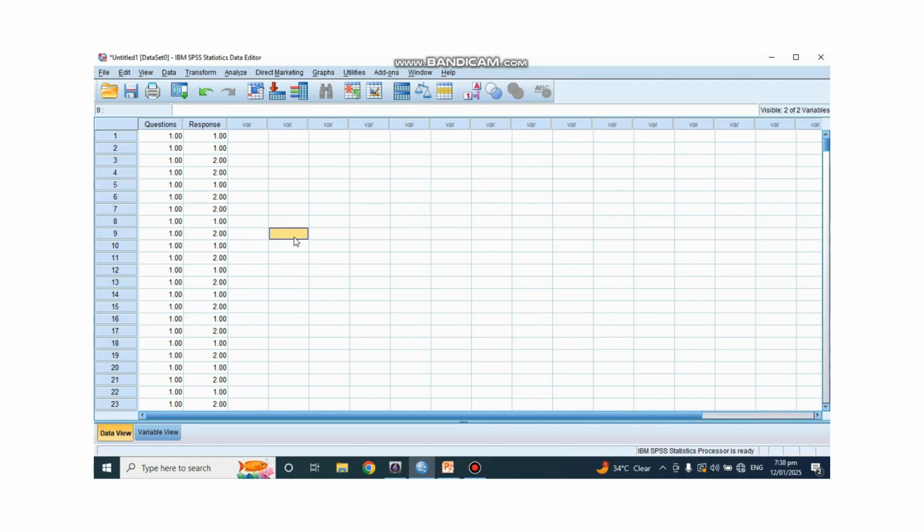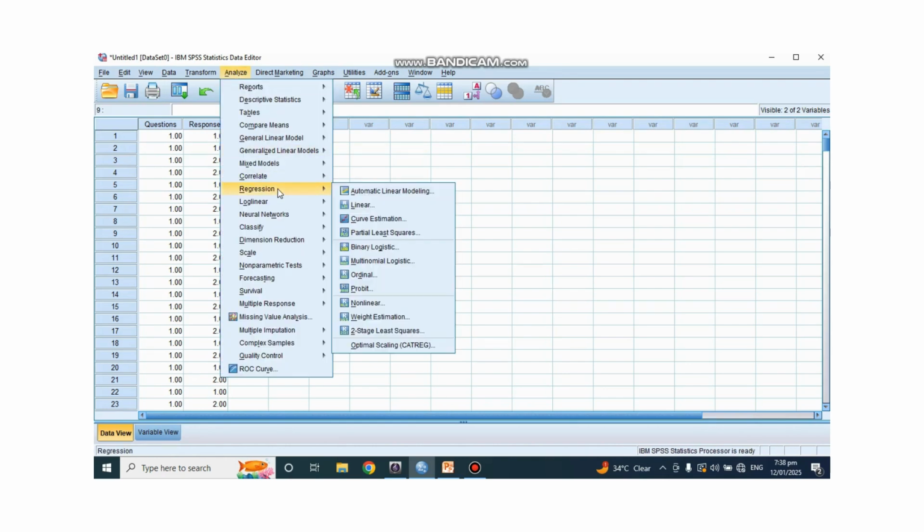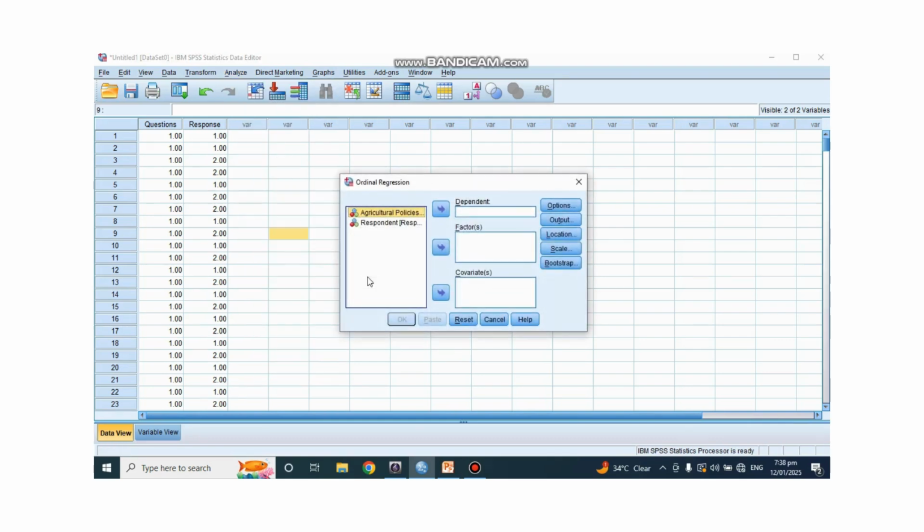After doing this, now we want to run an ordinal regression. To do this quickly, we go to analyze, we go to regression. Under regression, we go to ordinal, and for our dependent variable, we put our response, and for our factors, we put questions.